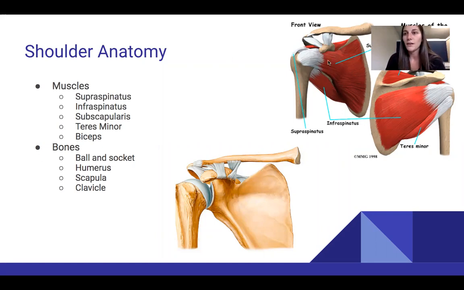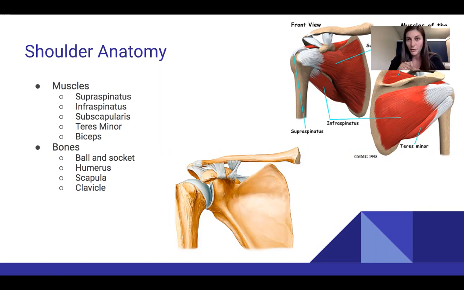To compensate for that, we have something called a labrum, which sits on the bowl and increases the bowl depth. It gives more surface area for the joint, so it's more congruent, and increases our stability a little bit.